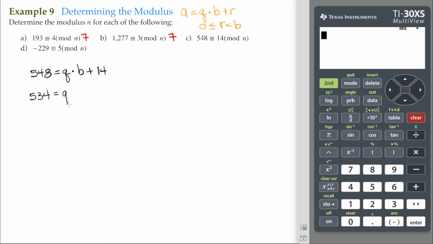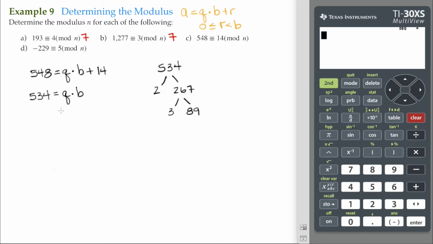That's equal to Q times B. Use our prime factorization. It's going to be 2 times 267. 3 times 89, and 89 is prime, so we can stop.